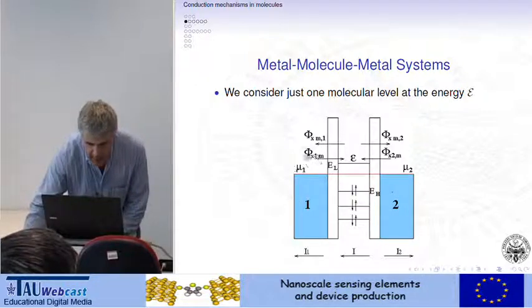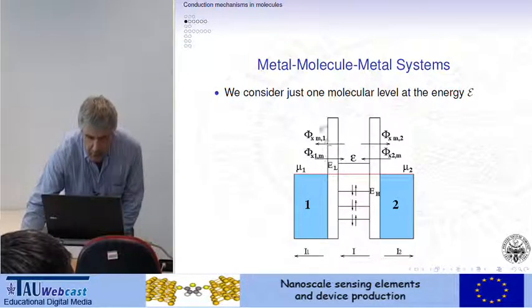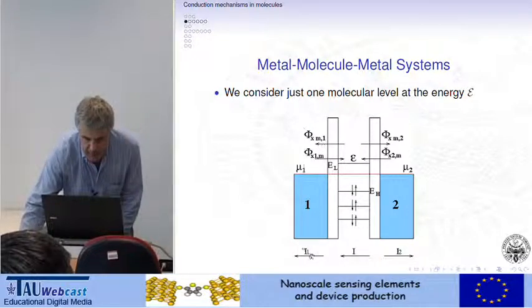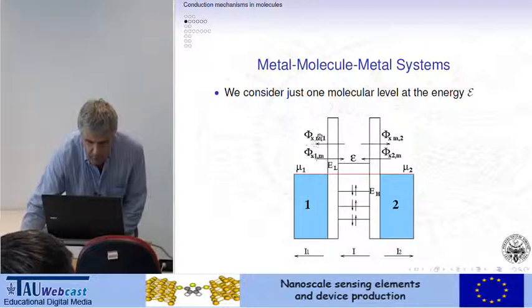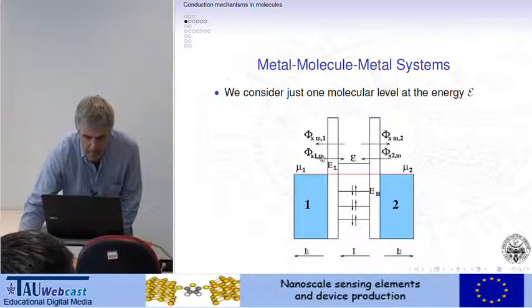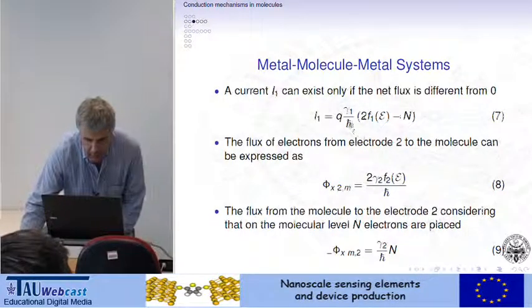So the sign is related to the flux from electrode 1 to the molecule. When you are at equilibrium, these two fluxes are exactly the same, so the current is 0. But if you have this flux larger than the flux from the molecule to electrode 1, the current will be positive.